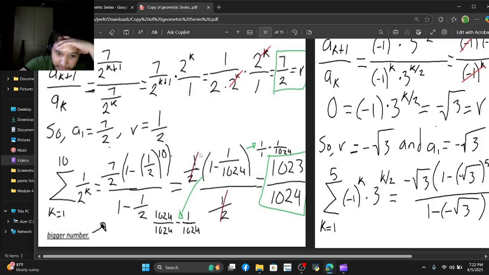So we have, look at this, we're dividing 1/2 right here. So we're dividing 1/2 by 1/2, 1 minus. So this 10 gets distributed in the division.